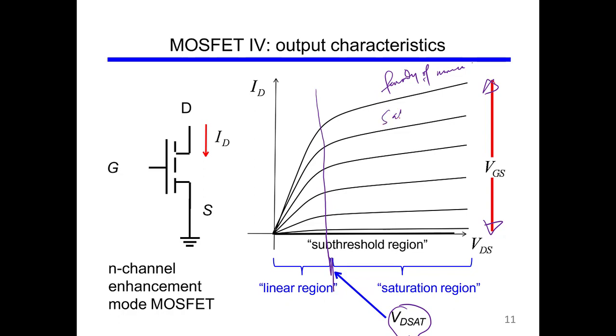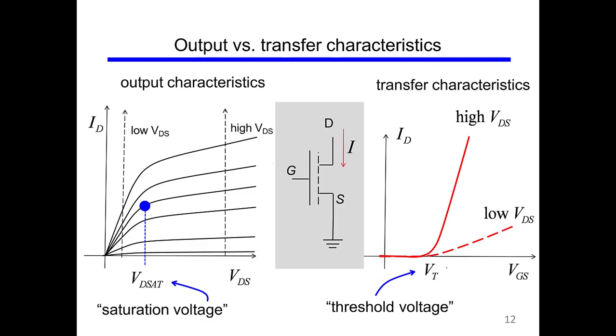So this is the saturation region and this is our linear region. VDSET is the saturation voltage, and here is a subthreshold region where ID is almost 0. That is the subthreshold or cutoff region.